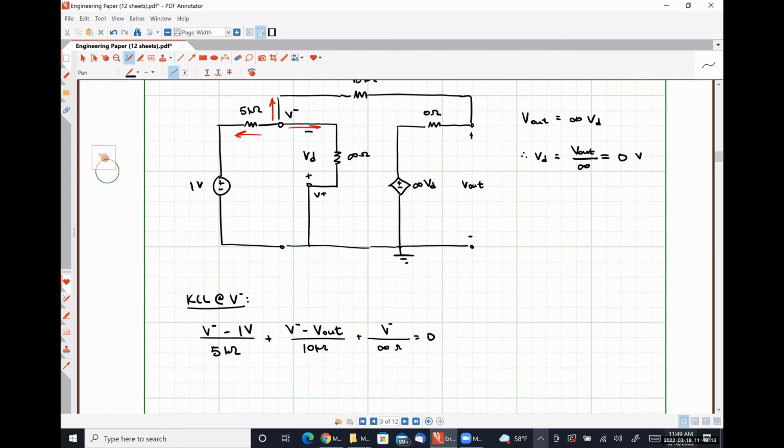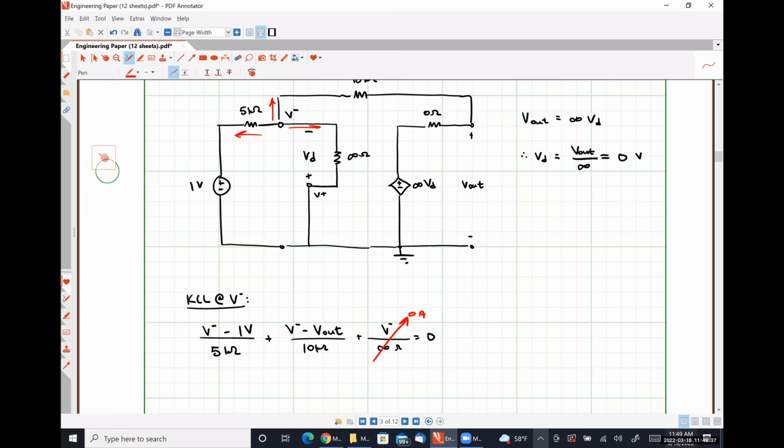Well, that V minus over infinity bit obviously contributes 0 amps. And this tells us that no current can flow into or out of the input terminals of our ideal op amp. So that's where our second ideal op amp rule comes from.